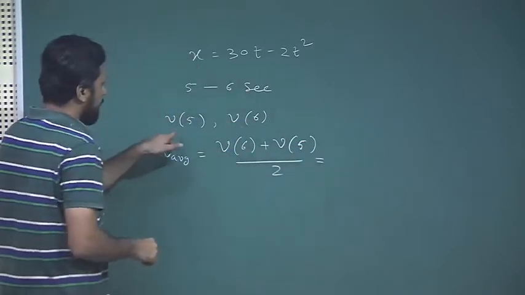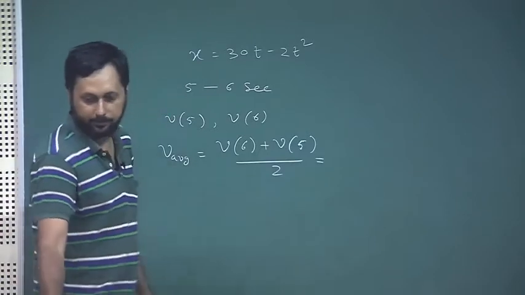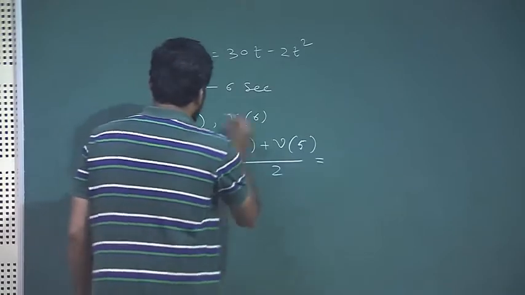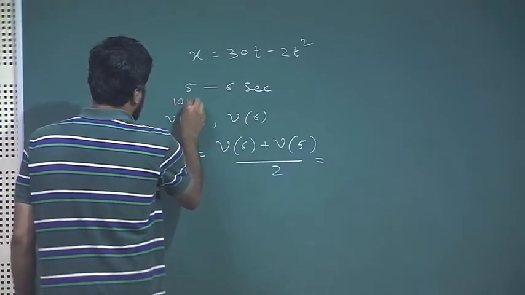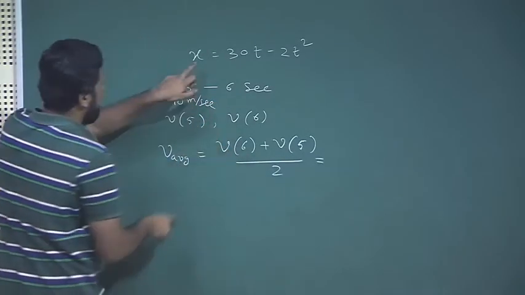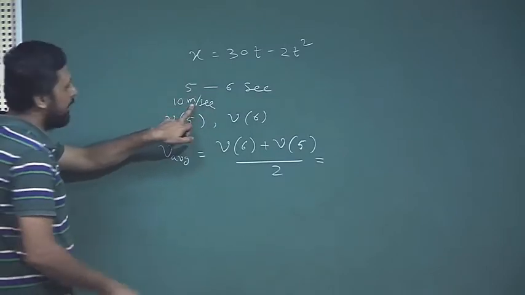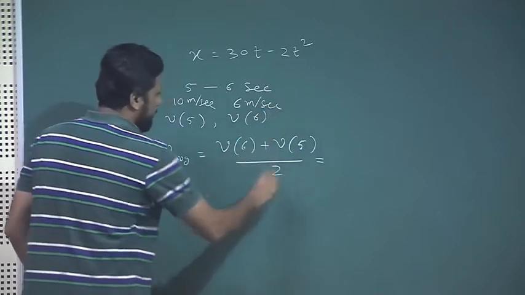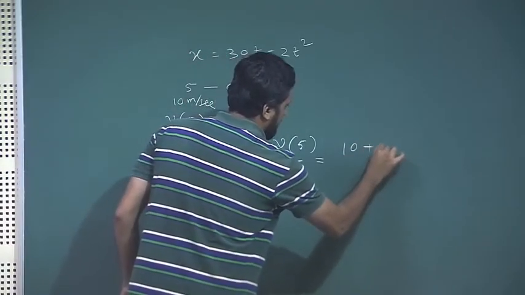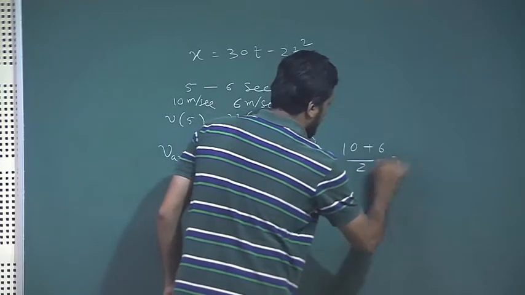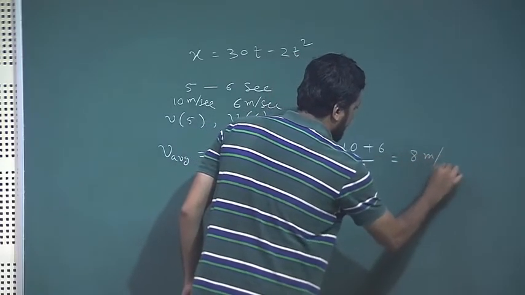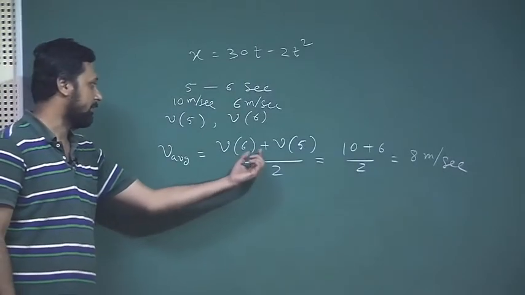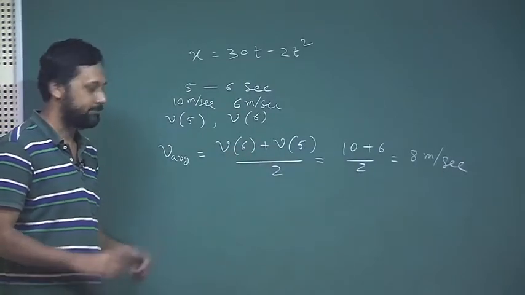If you recall, V5 was 10 meters per second, assuming that the distance is given in units of meters, and V6 was 6 meters per second. So, your average speed will simply be 10 plus 6 by 2 equal to 8 meters per second, not 16 which we did in the last class. By mistake I just subtracted one from the other.